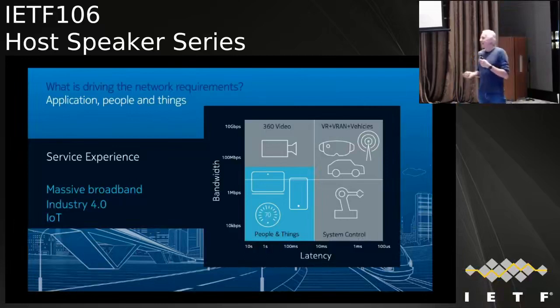The second is more connectivity, so more IoT, more devices getting connected to the network. And the third elephant in the room is Industry 4.0, as we call it, which is introducing new concepts like very low latency, ultra reliability, and so on. That has a rather dramatic impact on how networks will be built going forward, okay?